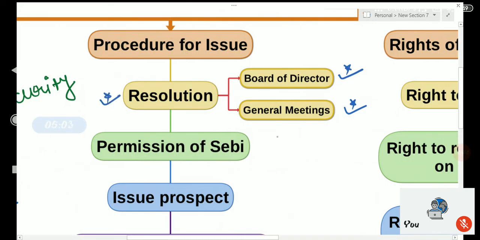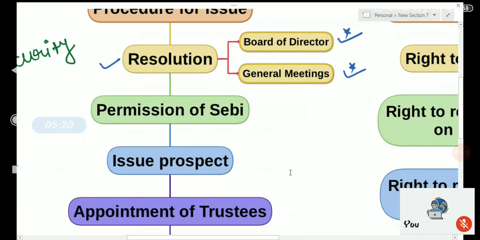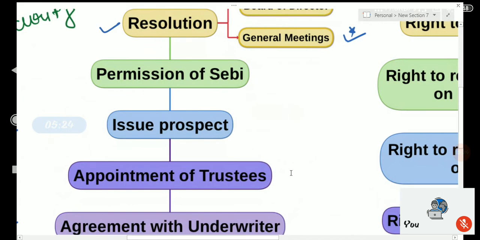Then after that, definitely you need to take permission of the Securities and Exchange Board of India. So the company will take permission of SEBI regarding the issue of debenture. Once SEBI approves that yes, you can issue the debentures, all the permission has been received, then the company will issue the prospectus.